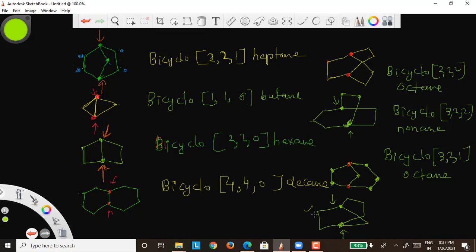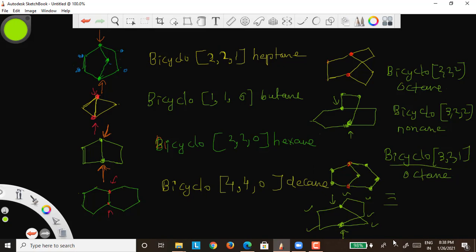This side two carbons of the bridge, one carbon of the bridge, and above all, 1, 2, 3 carbons. So both are the same. While writing the structure, you can write this way also, this way also. Both are correct. But the name should be one: bicyclo 3 2 1 octane.